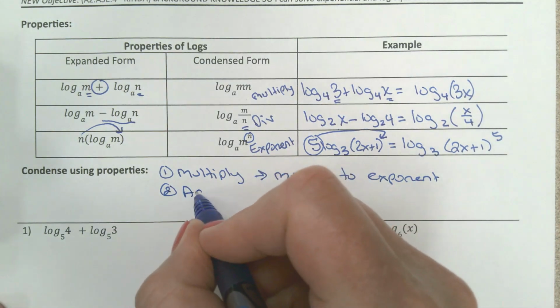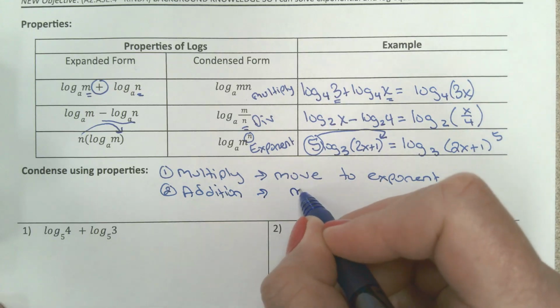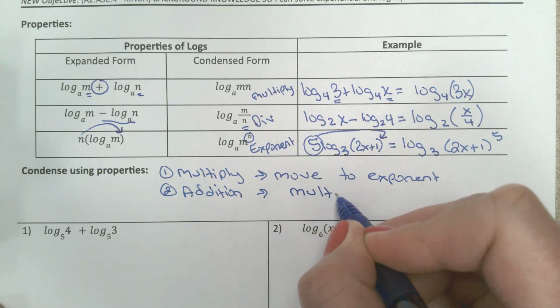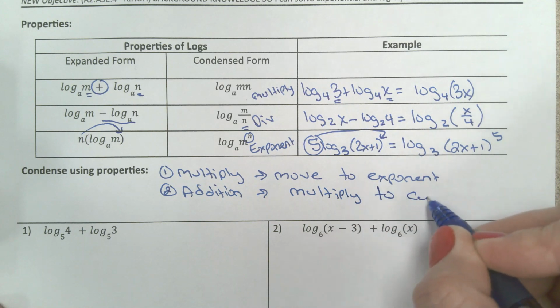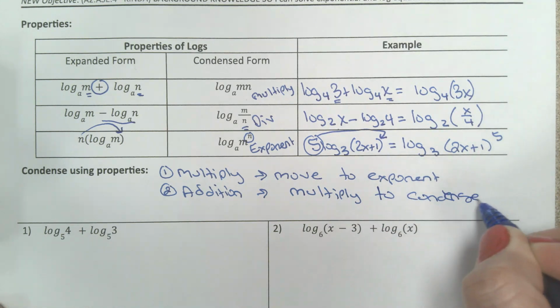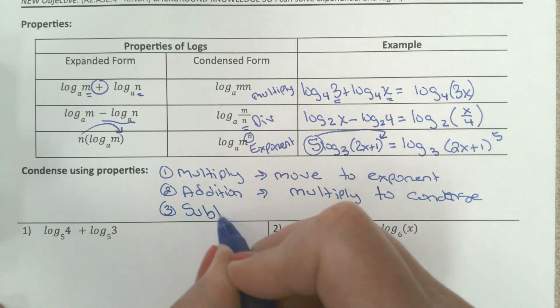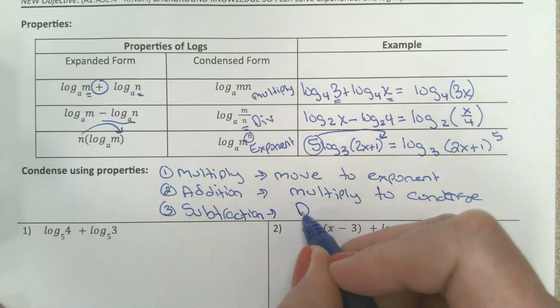If you see addition, do that next. You're going to multiply to condense. And if you see subtraction, you're going to divide to condense.